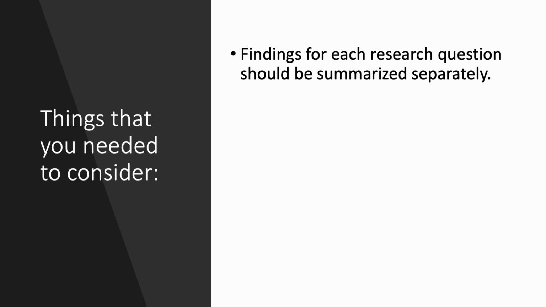Okay, although in chapter 2 we have a synthesis of literature. For chapter 5 or summary of findings, you still need to separate those questions in summarizing. So each statement of the problem should have a summarized answer, or summarized findings.